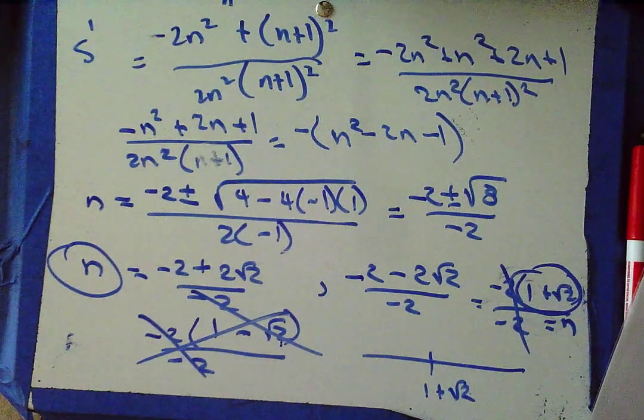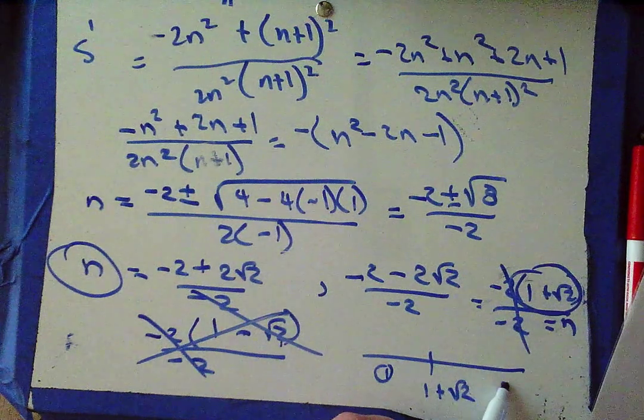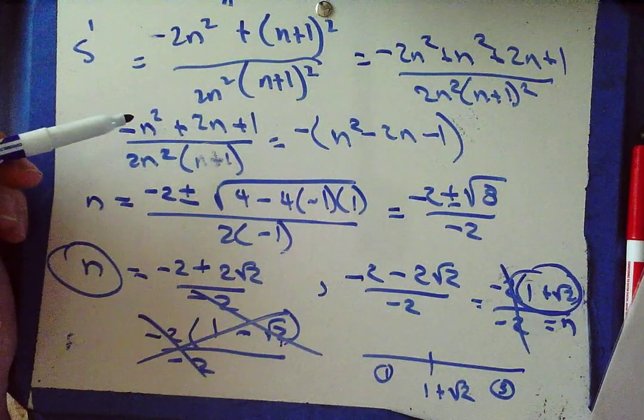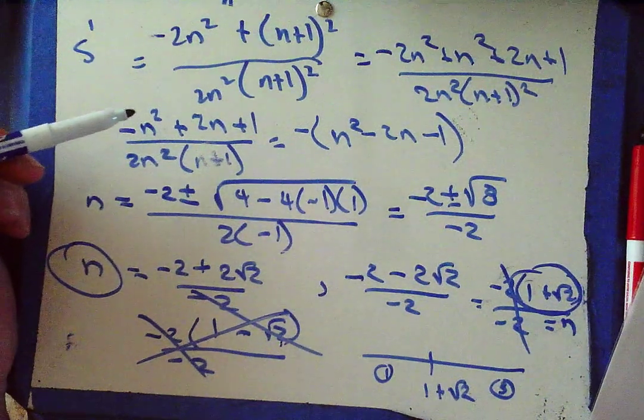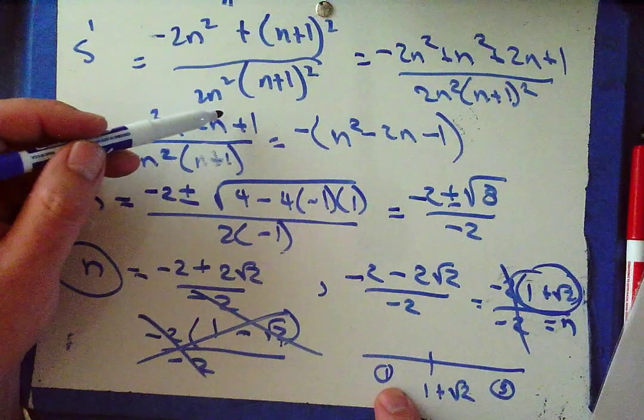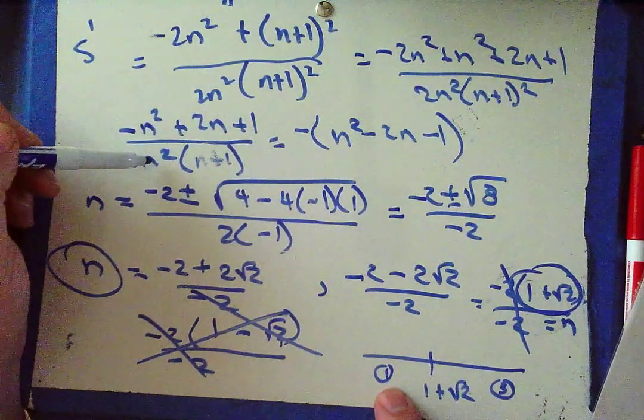Okay, so let's plug in around 1 plus root 2. We'll plug in a 1, and this is going to be 2.4, so we'll plug in a 3 into our S prime. With 1, I get a positive on top. That's going to be a positive.